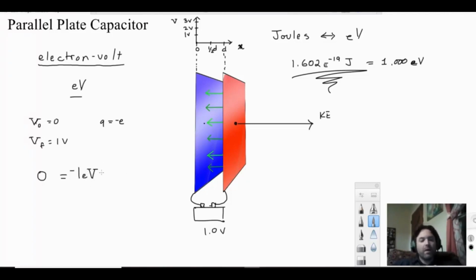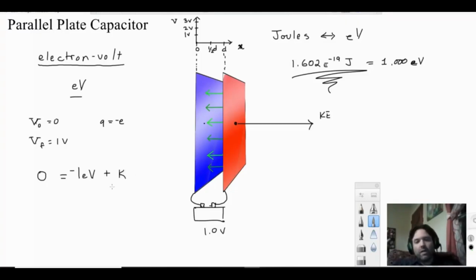Actually, if that's going to be 1 volt, then I should get rid of the caps on my V there, because it's a unit, not a variable at this point. There we go. So that's going to be the potential energy, and then we add the kinetic energy.